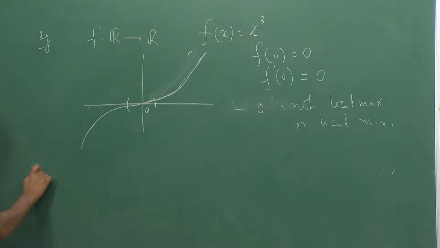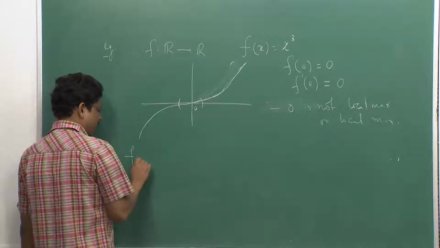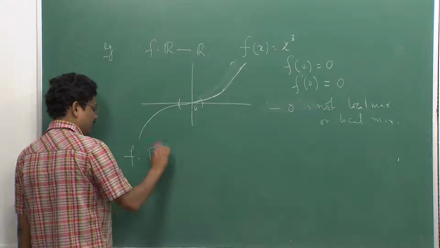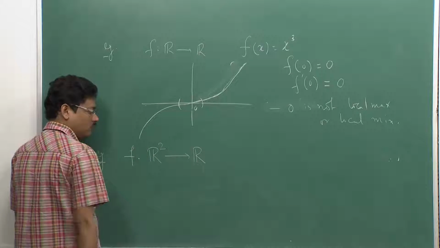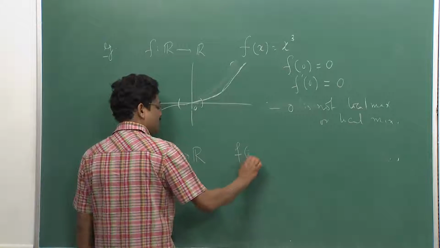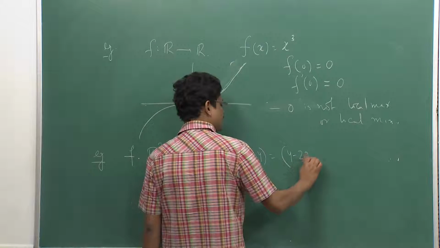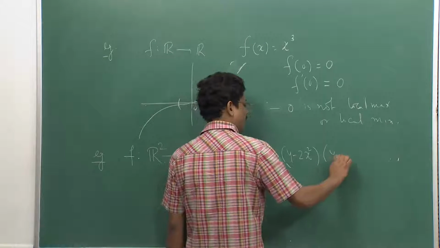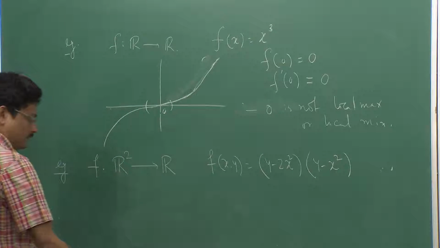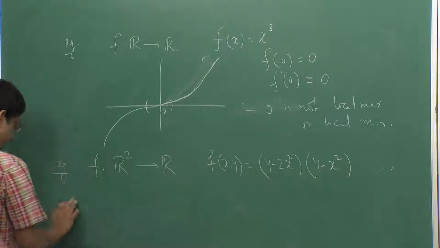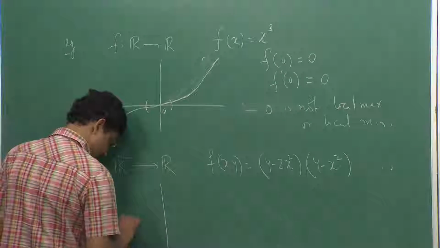Similar example I can do for a function of several variables. You can make examples in any n, let me make it for 2. F of x y equal to, let us say, y minus 2x square times y minus x square. So, what is the domain? Domain is the entire R2.